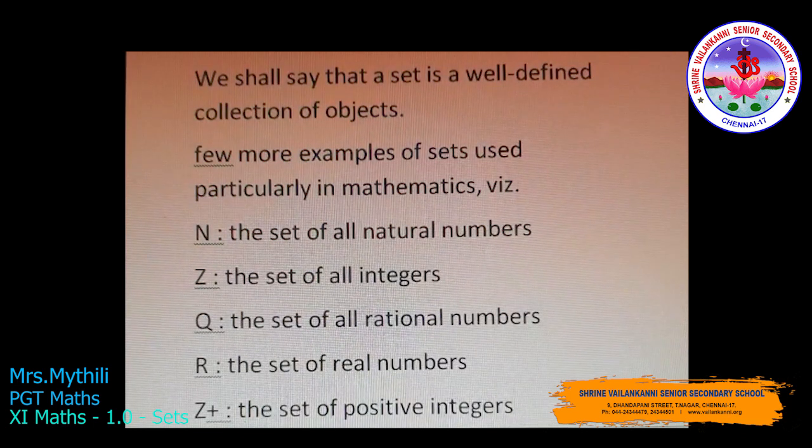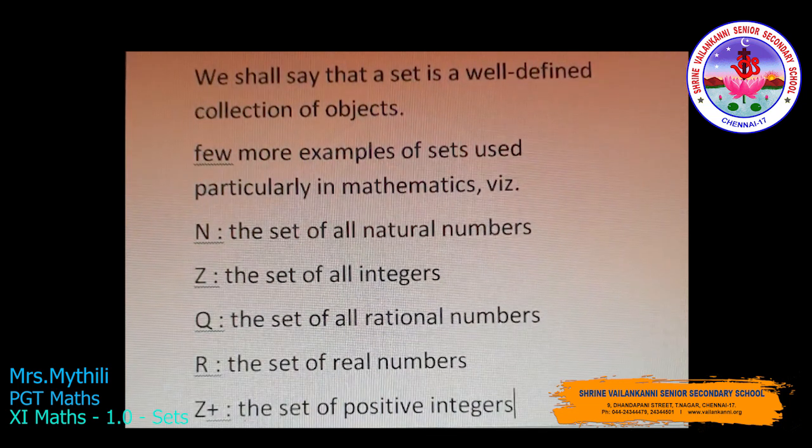A few more examples of sets. The symbols which are used to denote or refer to throughout this text. The symbols for the special sets. The set of all natural numbers is denoted by capital N. The set of all integers, capital Z. Q, the set of all rational numbers.